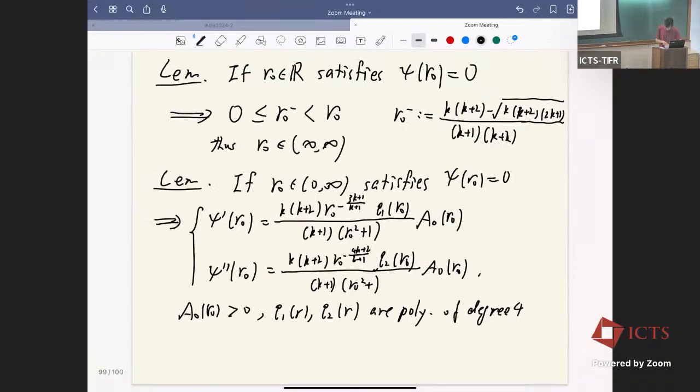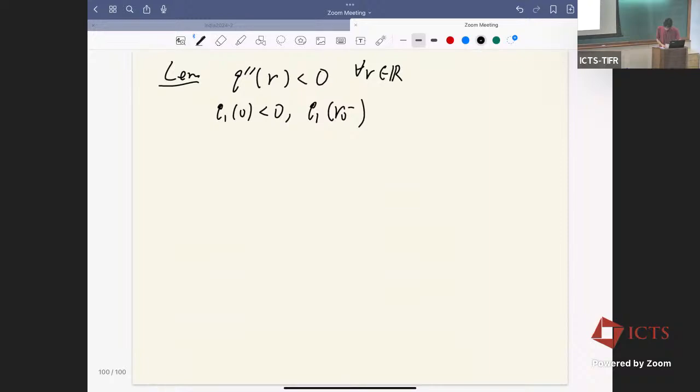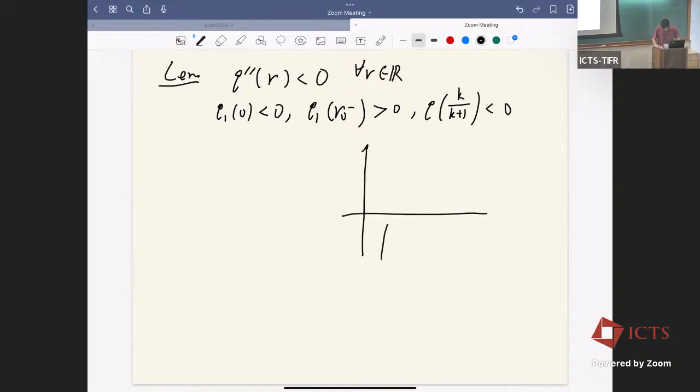R naught minus is this value, this non-negative value. 0 and Q of K plus 1, K is negative. Okay, so this is complicated. But anyway, then we have, so Q1 looks like this.